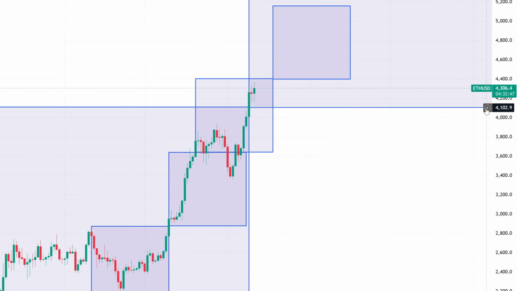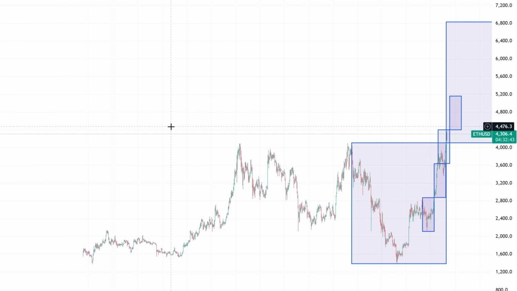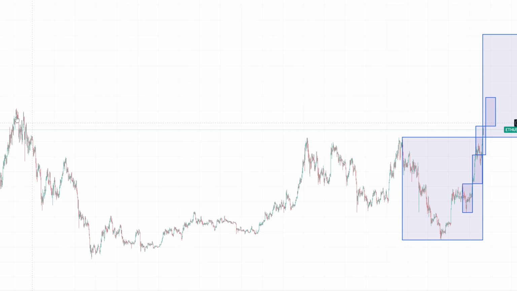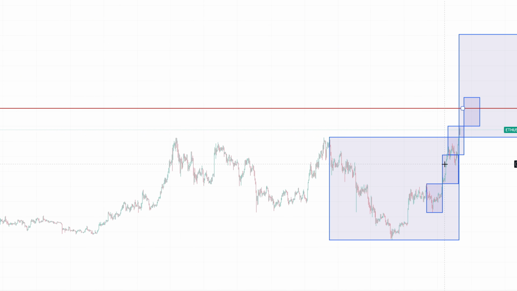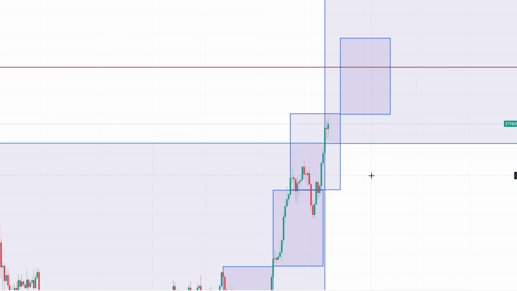So what would make sense to me is that, let me zoom out a bit, we also have our old all-time high right here. Let me quickly mark this so we can see it. So this red line is the old all-time high, and you can see that this is in the next rectangle when we are hitting this price target right here.